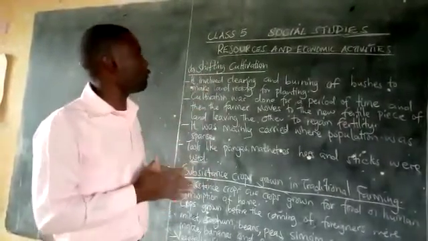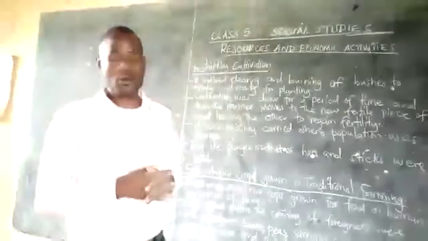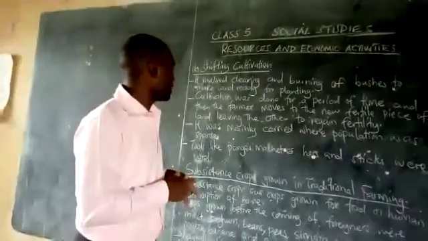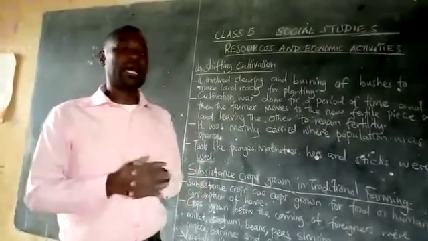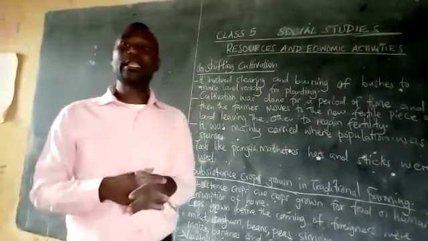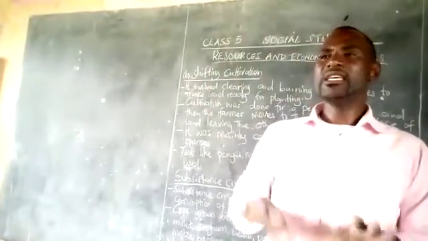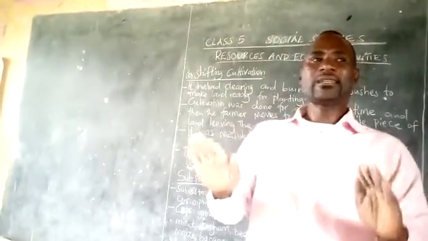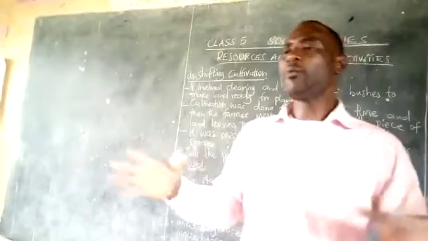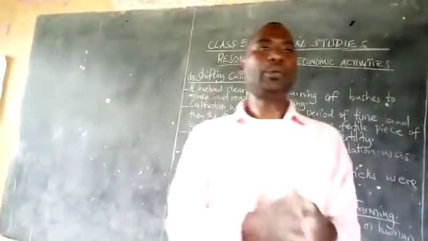Now, this form of traditional cultivation was mostly carried out where the population was sparse, meaning it was done in areas where we had very few people.